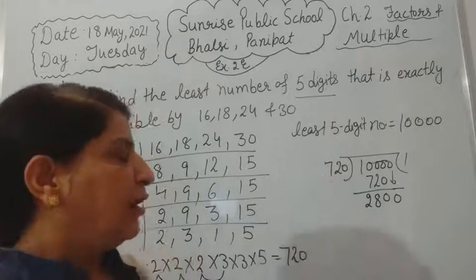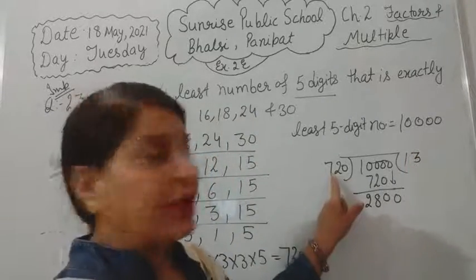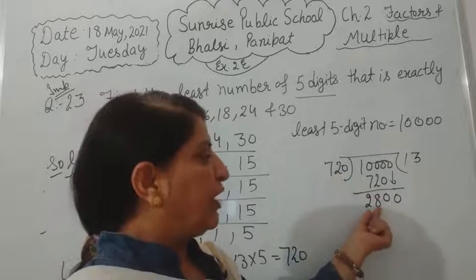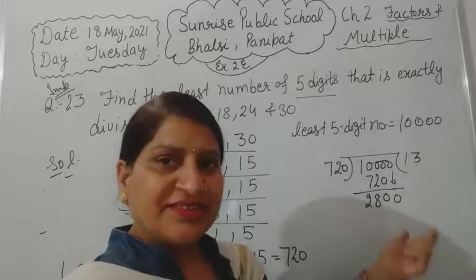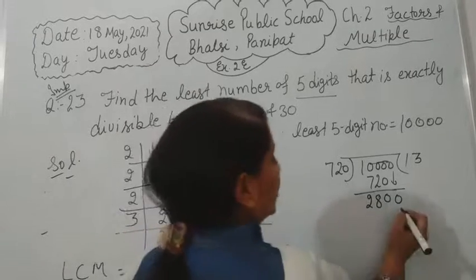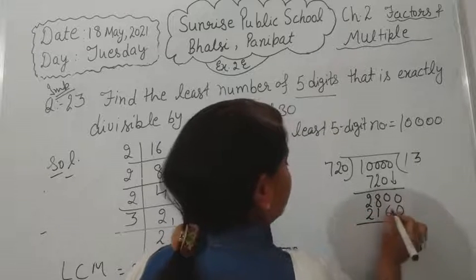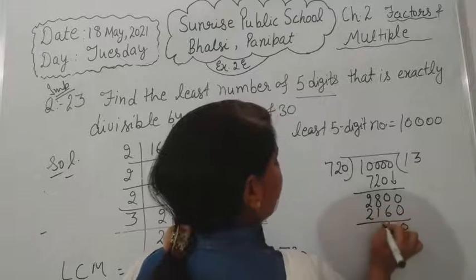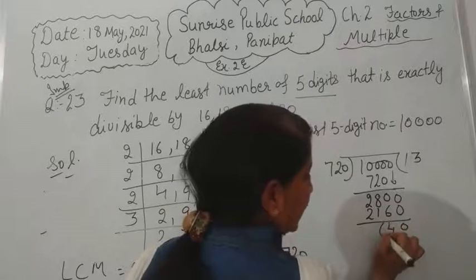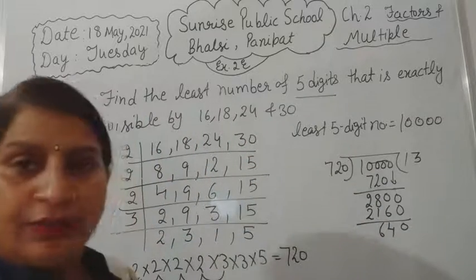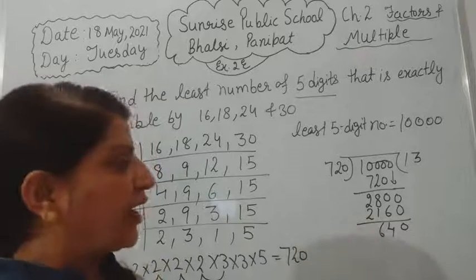Now this number is divided by 720. क्योंकि 4 से डिवाइड करेंगे, 4 7 जा 28 एंड 4 2 जा 8. 28 यहाँ पर आ जाएगा, 8 यहाँ पर आ जाएगा, तो ये नंबर बन जाएगा 288 एंड दिस नंबर इज ग्रेटर देन. सो 300, 3 2 जा 6, 3 7 जा 21. नाउ वी सब्ट्रैक्ट द नंबर 10 minus 6 4, 7 minus 1 that is equal to 6. 640 आ गया.